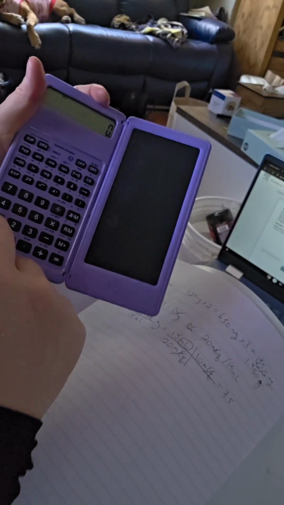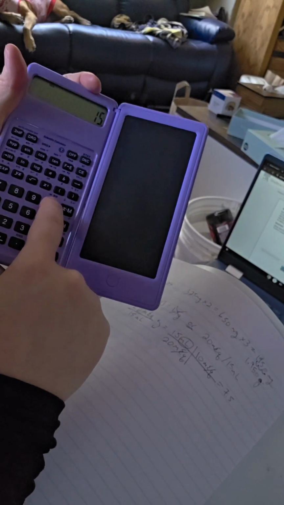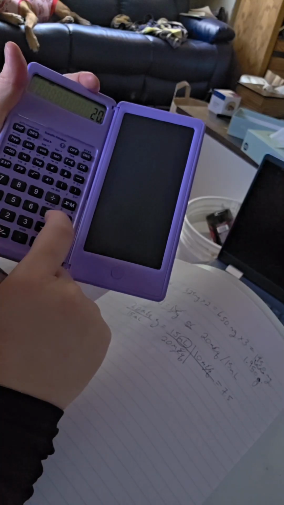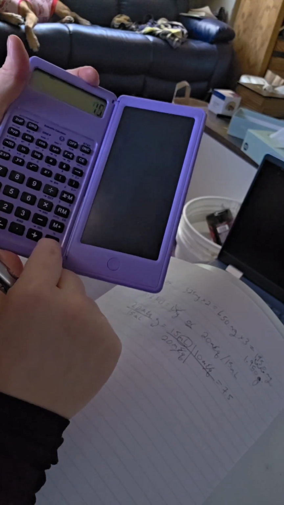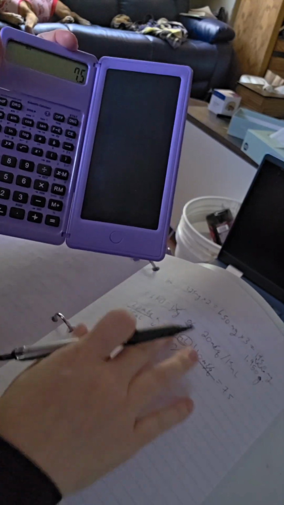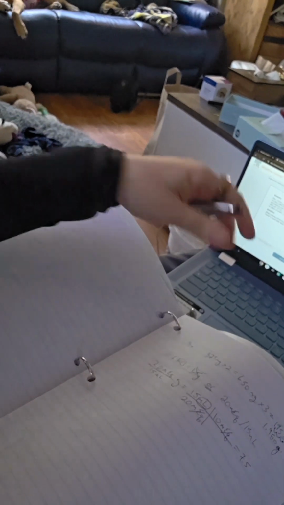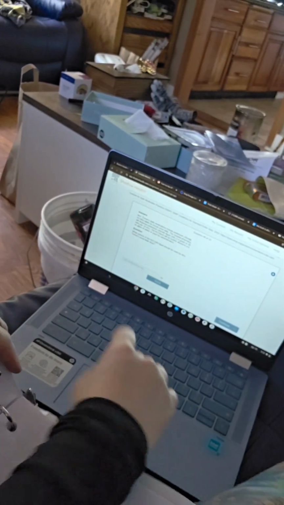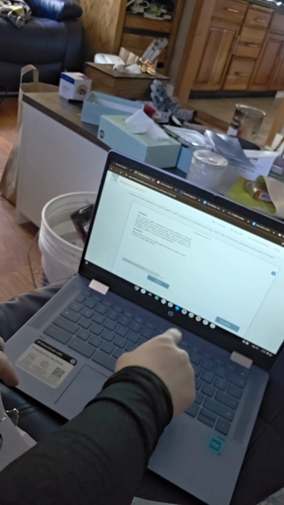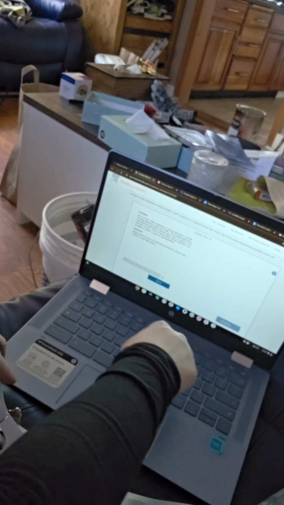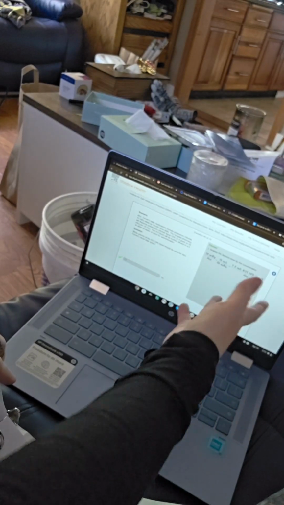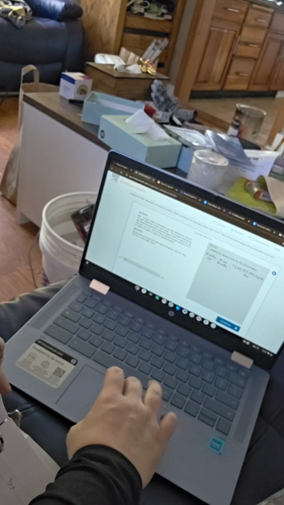But you can also do a different order: if we did 15 divided by 20 and then times 10, it would equal 7.5. So just times everything on top, divide everything on bottom, and you'll get the right answer. Now let's put this in, see if the answer is 7.5. Yep, that's the answer, 7.5.